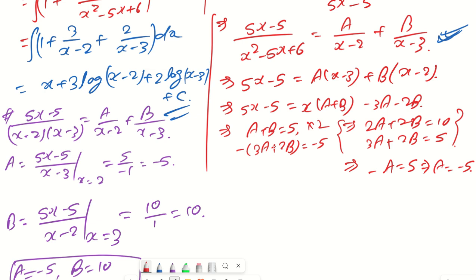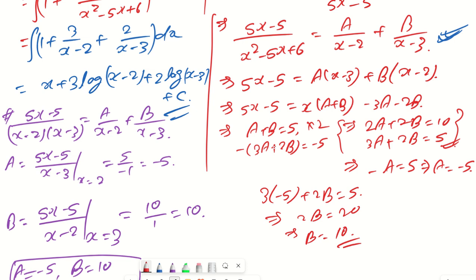And if you put a equal to minus 5 in one of them, I'll put it in the equation 3a plus 2b equal to 5. From here you are going to get 2b equal to 5 plus 15, that is 20. It means b will be 10.